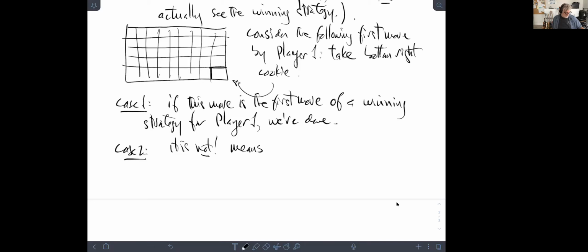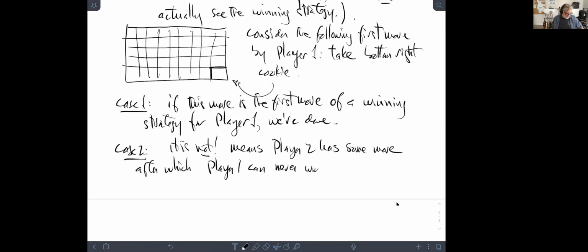This means player two has some move after which player one can never win. Right? Well, think about it just a few seconds. So what is this move?